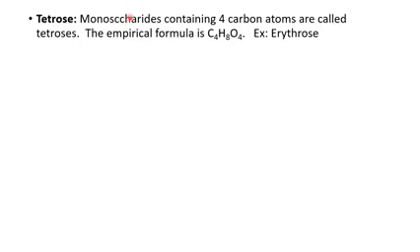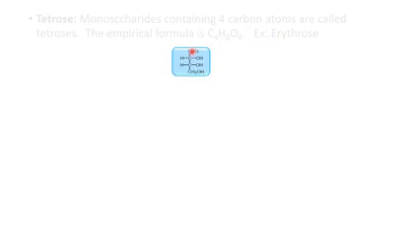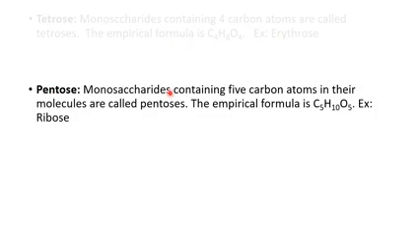Next one is tetrose, which contains 4 carbon atoms. The formula is C4H8O4, that is CH2O four times. Example, erythrose. I got 1, 2, 3, 4, so 4 carbon, so it's a tetrose. Pentose means it contains 5 carbon atoms, C5H10O5.